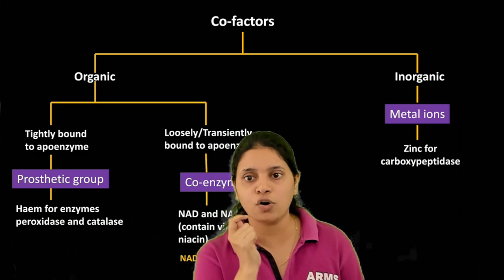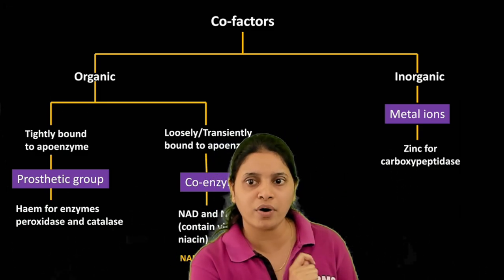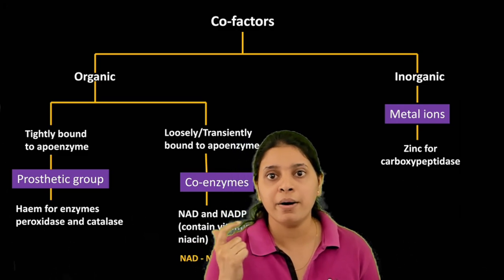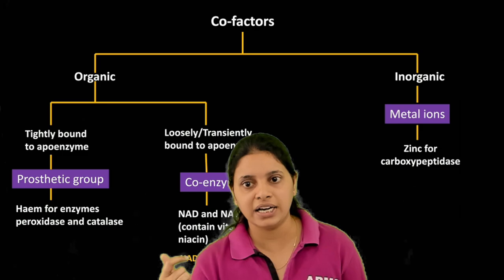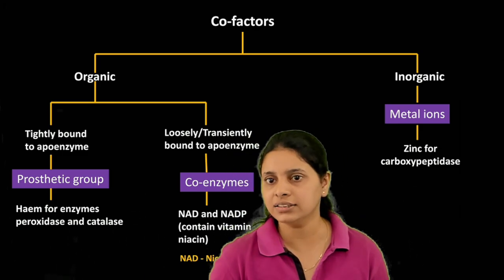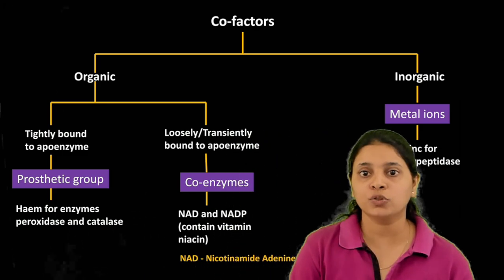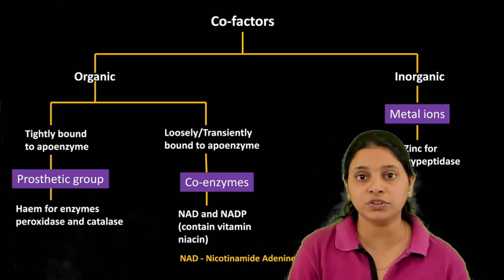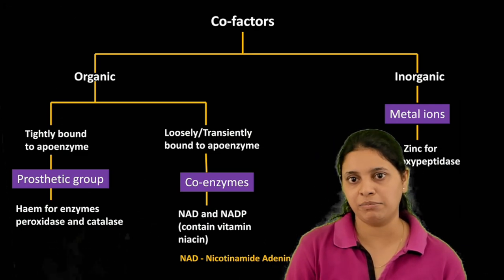So remember this, coordination bonds are very important so that these metal ions like zinc can form by association with the enzyme part and the substrate part. Okay. So these are all the examples of cofactors which you will have to study for your NEET examination.